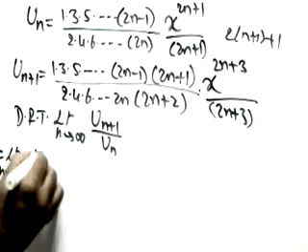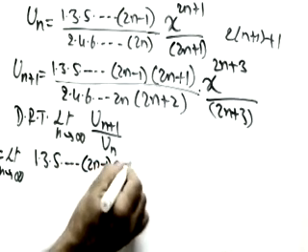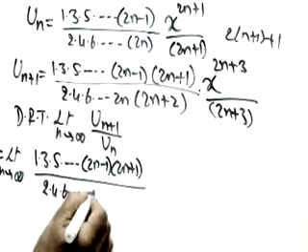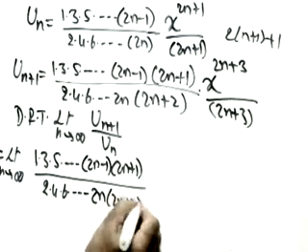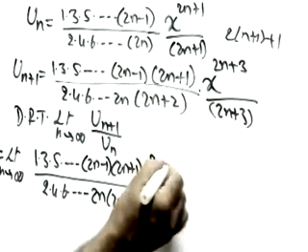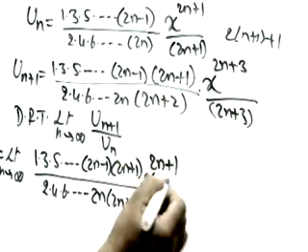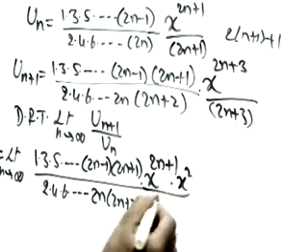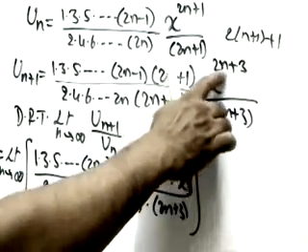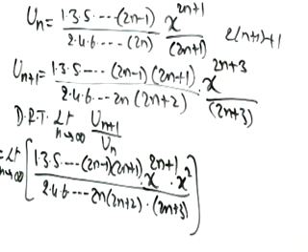Limit n tends to infinity, 1, 3, 5 and so on, 2n minus 1, 2n plus 1, divided by 2, 4, 6 and so on, 2n, 2n plus 2, into x power, watch carefully, 2n plus 1 plus 2, so we can write x square, divided by 2n plus 3. So this is un plus 1.